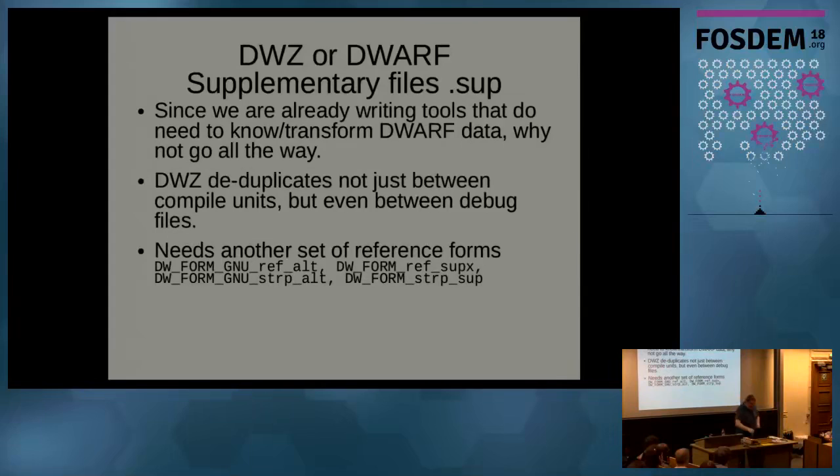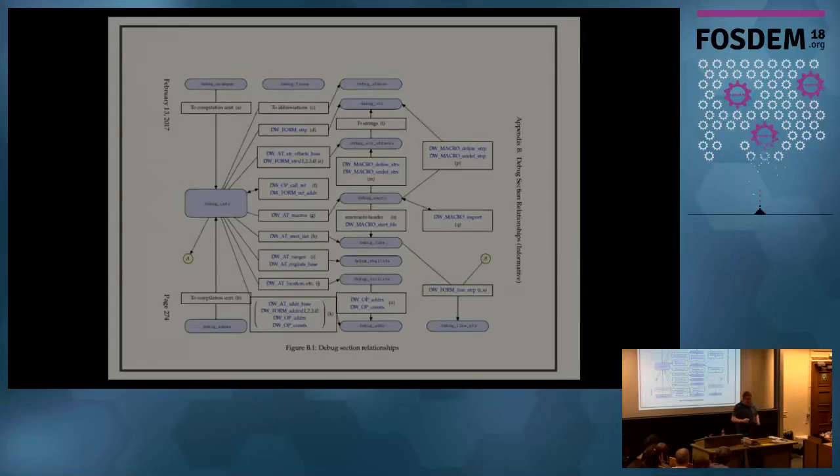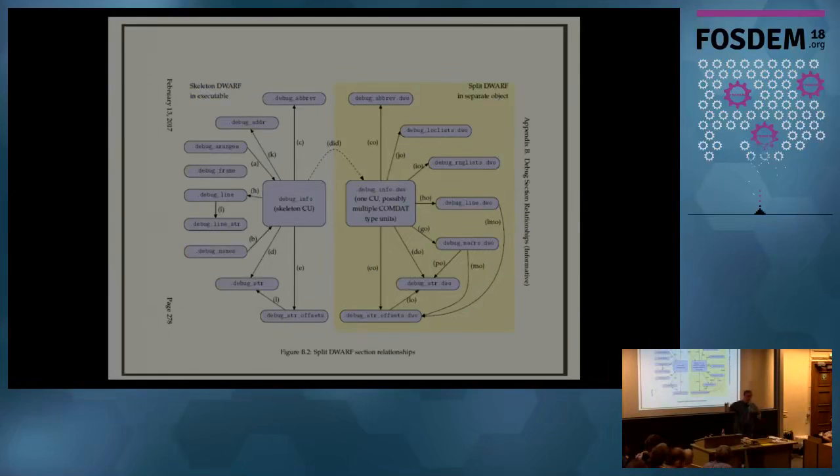So, 5 minutes. I wanted to go into more detail, but the number of references between the various DWARF data sections is kind of daunting, especially if you then combine it with split DWARF. And I thought it was kind of funny.